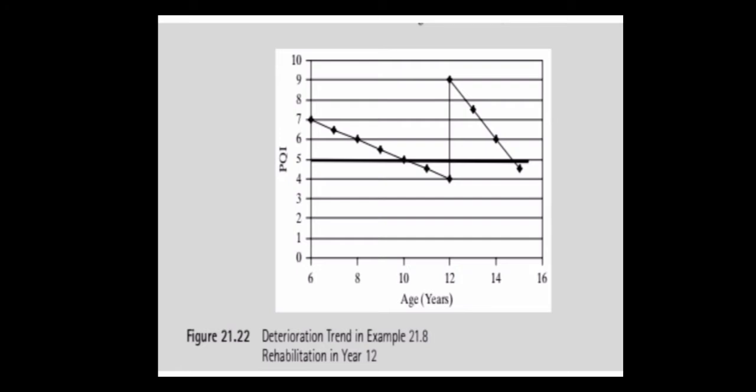After rehabilitation, the PQI value is restored to a value of 9, and following the rehabilitation, the deterioration rate is much faster than the deterioration rate of the original pavement structure and is governed by the following equation.